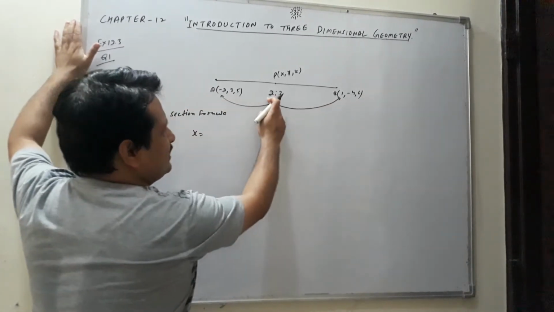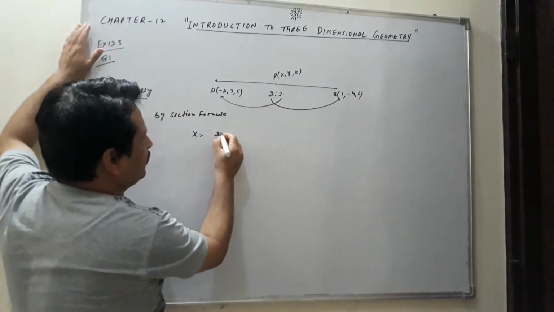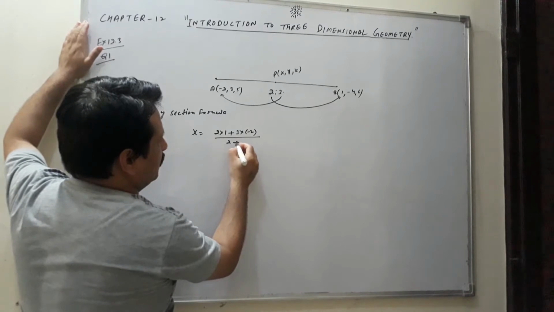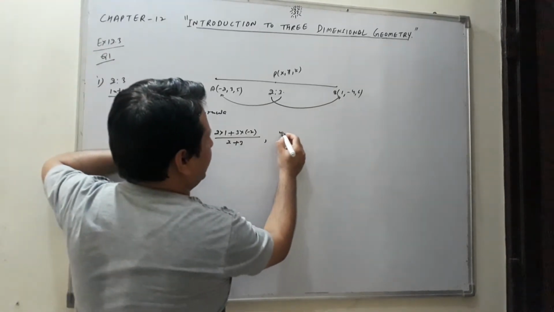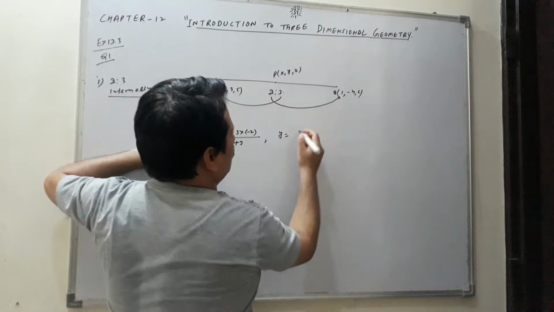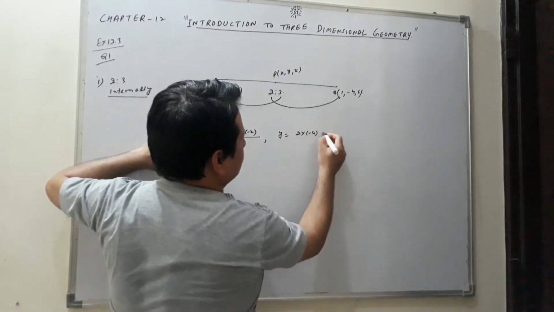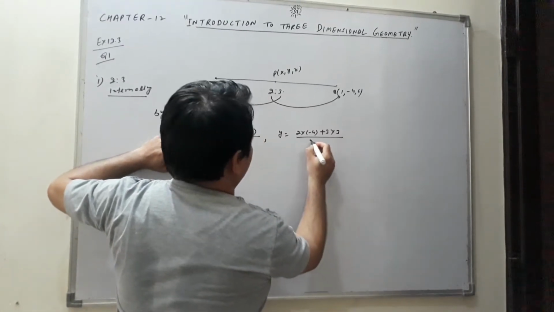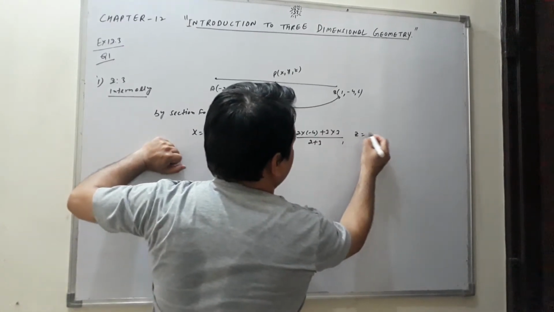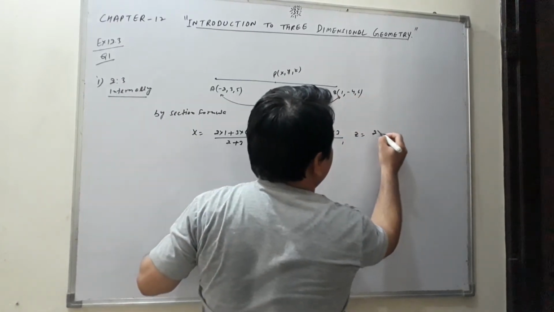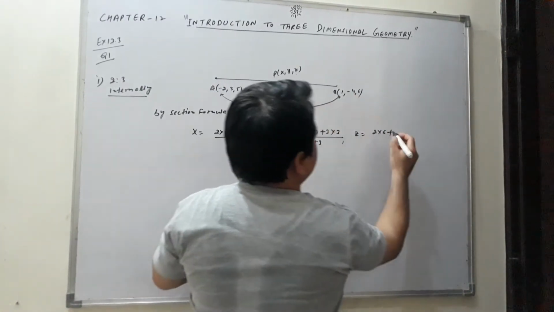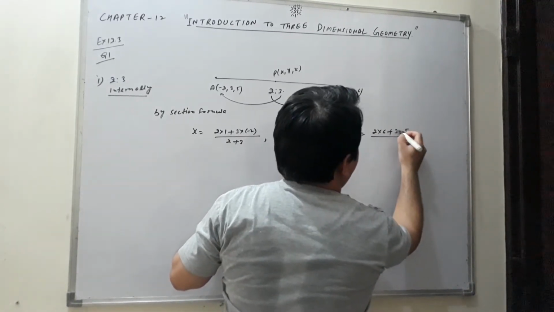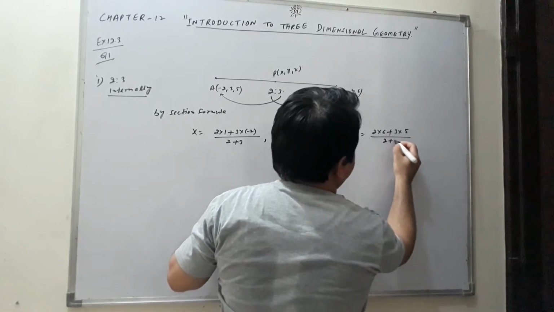Yes, 2 multiplied by 1, 2 into 1 plus 3 into minus 2 upon 2 plus 3. y is equal to 2 multiplied by minus 4 plus 3 multiplied by 3 upon 2 plus 3. z, then, students, is 2 multiplied by 6 plus 3 multiplied by 5 upon 2 plus 3.